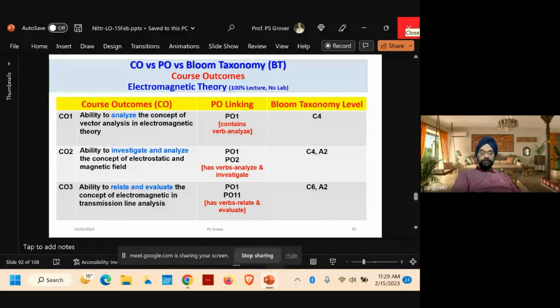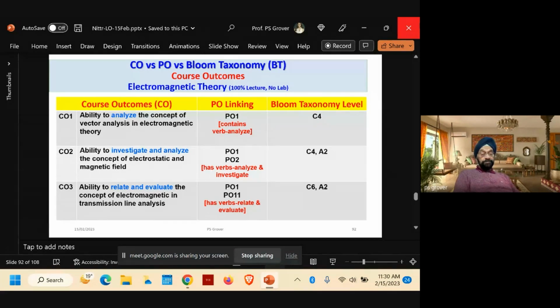So we say, here is also mentioned, I took an example of a course on electromagnetic theory. The CO1 is ability to analyze the concept, ability to investigate, and like this. Then you see they are linked to which POs. Look for those verbs in the PO1.